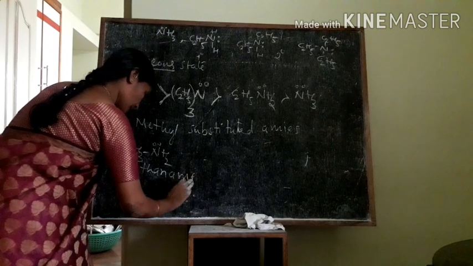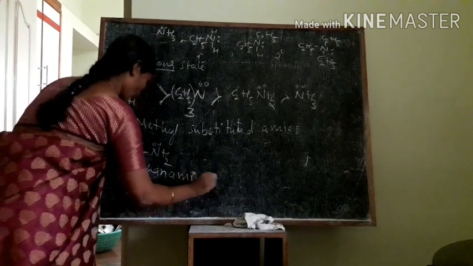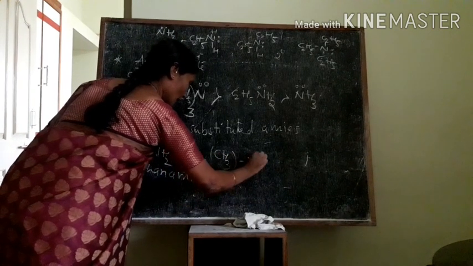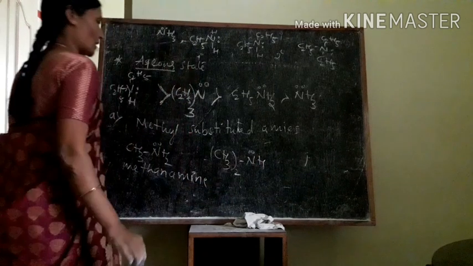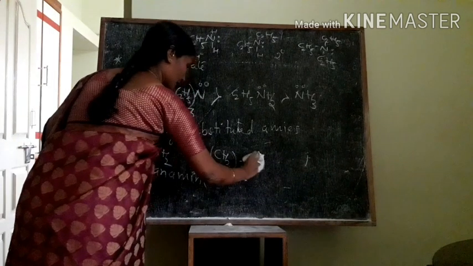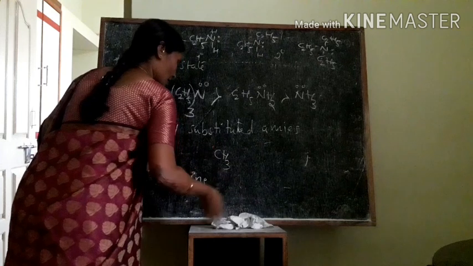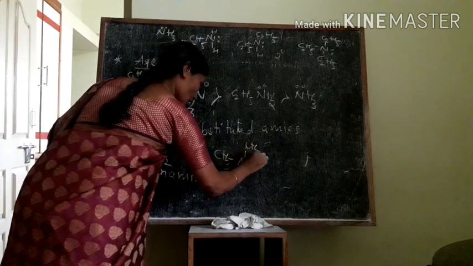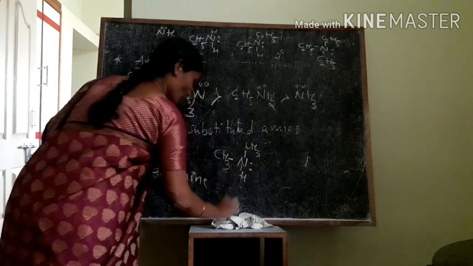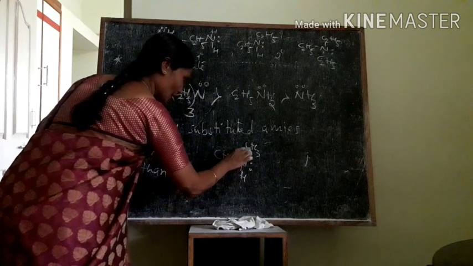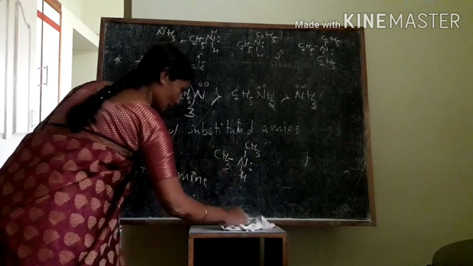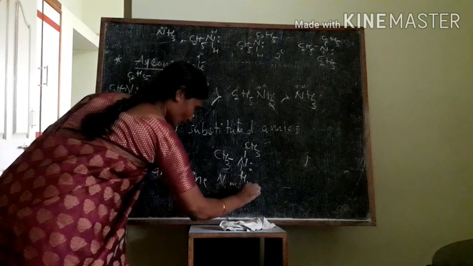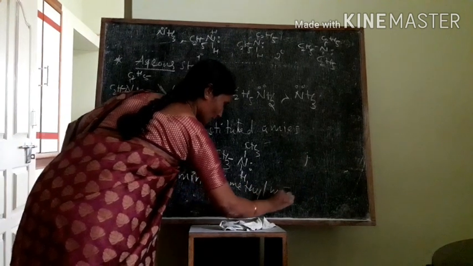Next is CH3 twice NH. Or I will clear this as CH3, this is H. Okay, so in one substituent, one parent hydrocarbon, therefore the name is N-methyl methane amine.